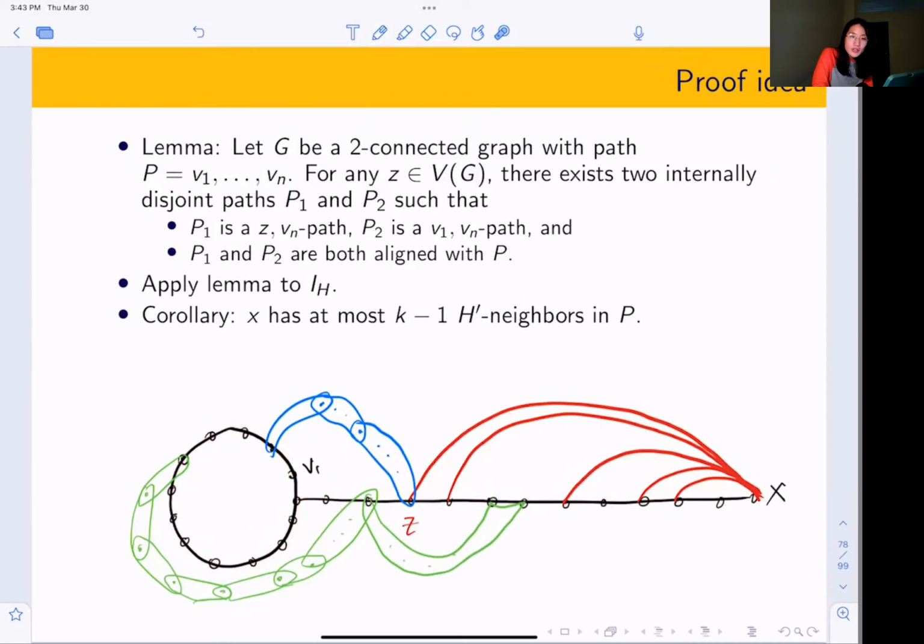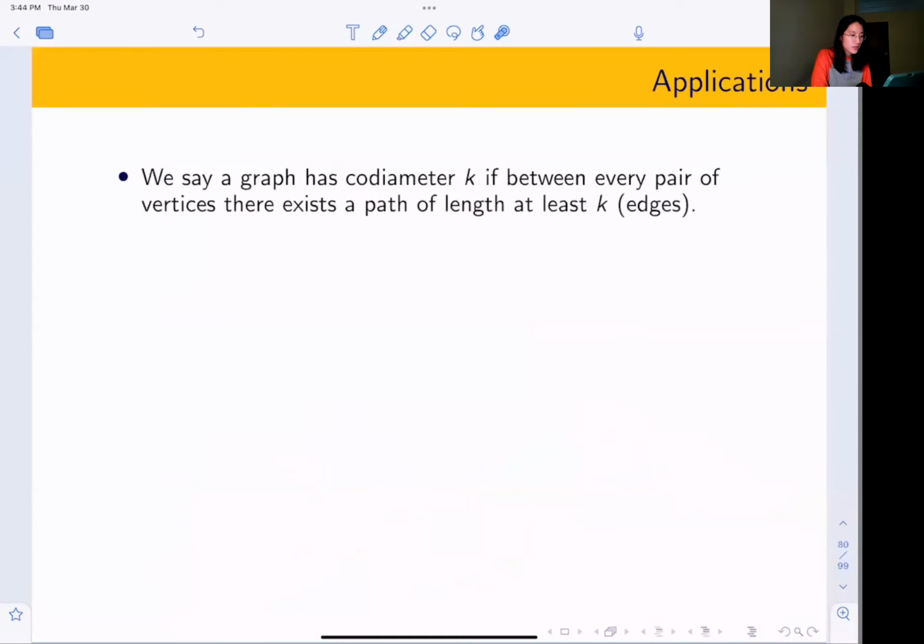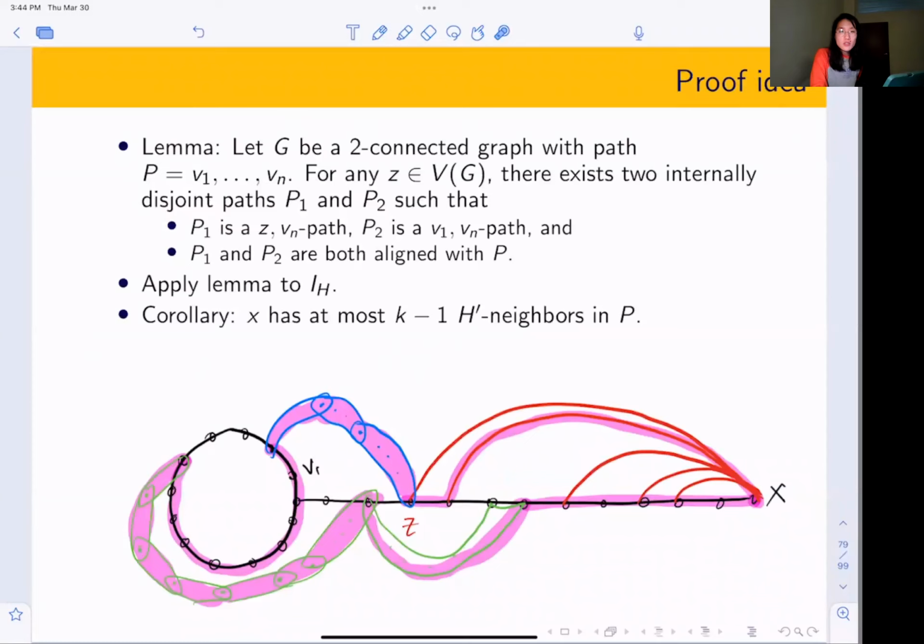Okay, and then now, similar to the idea we had for the graph case, we can find this Berge path, which now contains all k, or at least k H prime neighbors of X as well as X here. And then we'll show that this is longer than the length of the Berge cycle we started with. Okay, so that's the idea of the proof. There are a lot of details which are kind of skipped, but hopefully that's okay.